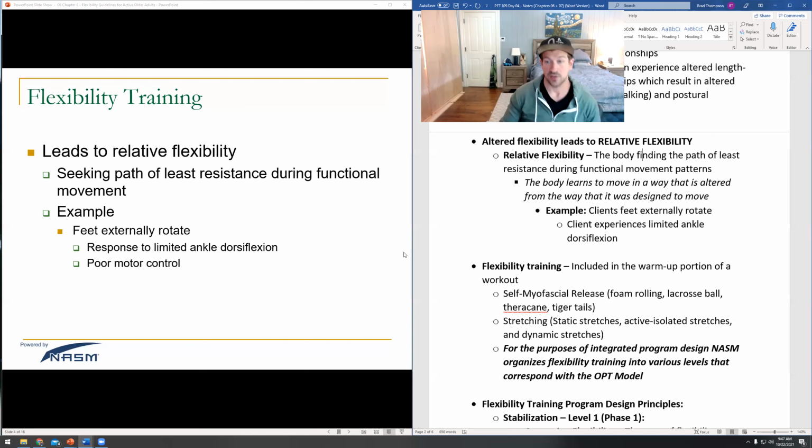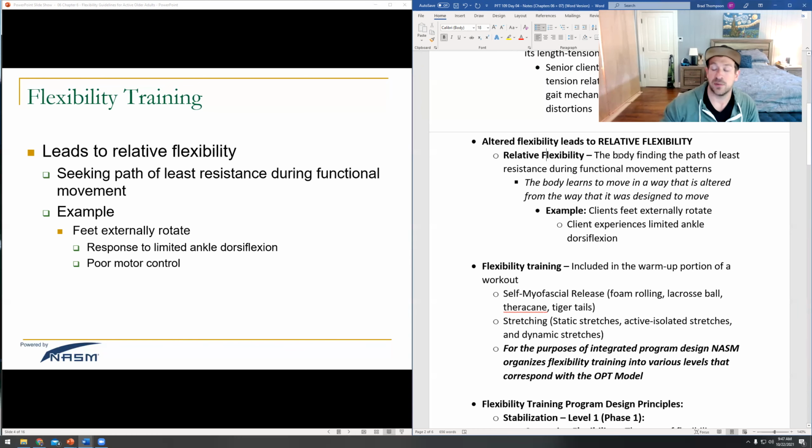So it's like, I did the squat. And you did, but you're putting stress in the wrong places. That's an example of relative flexibility. You're not flexible in the ways that you need to be able to move the way you are supposed to.